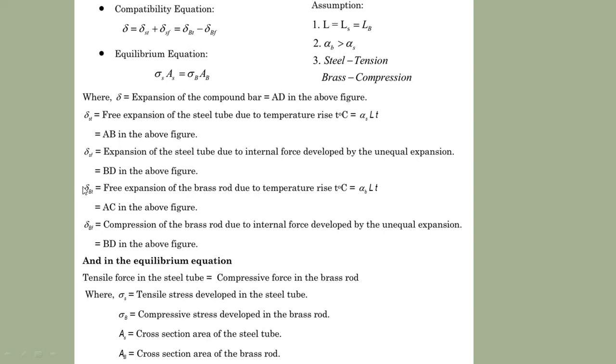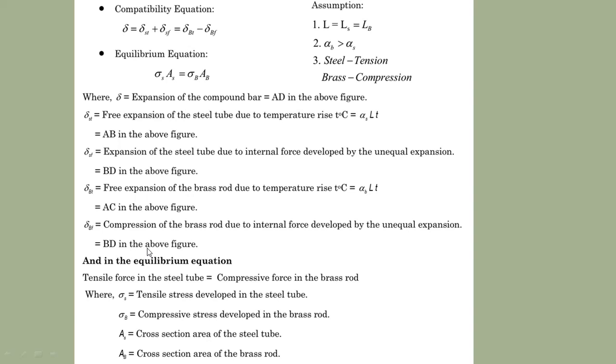Delta BT is the free expansion of the brass rod due to temperature rise T degrees centigrade, equal to alpha B into L into T, equal to AC in the above figure. Delta BF is the compression of the brass rod due to the internal force developed by the unequal expansion, equal to BD in the above figure.